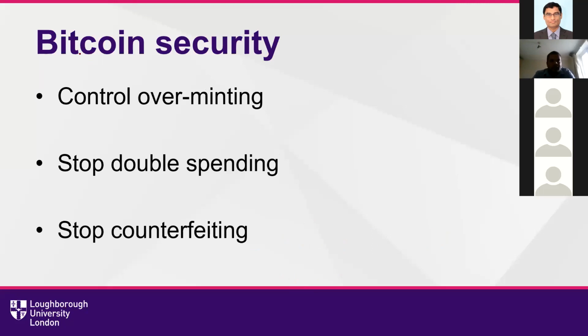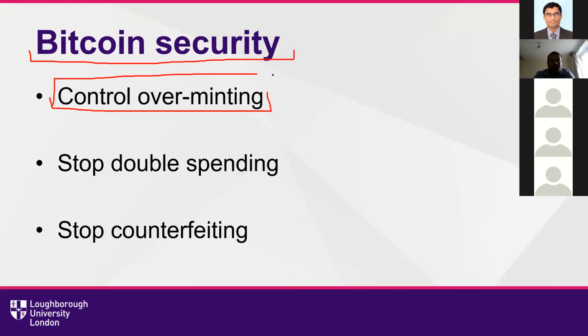So Bitcoin security is that you can't go and print a new Bitcoin. You can do it, but you can't do it illegally. It has a security mechanism to control minting. It also, as I mentioned before, stops double spending.